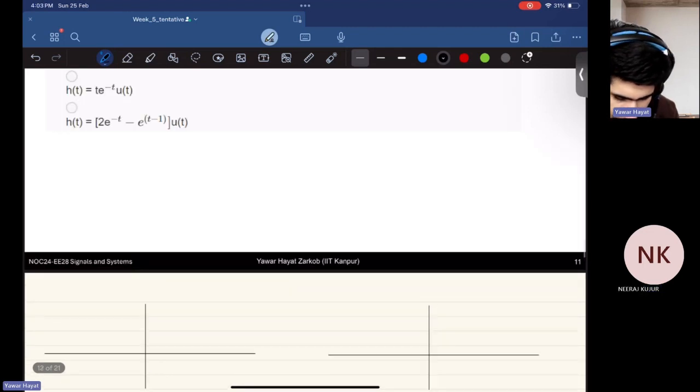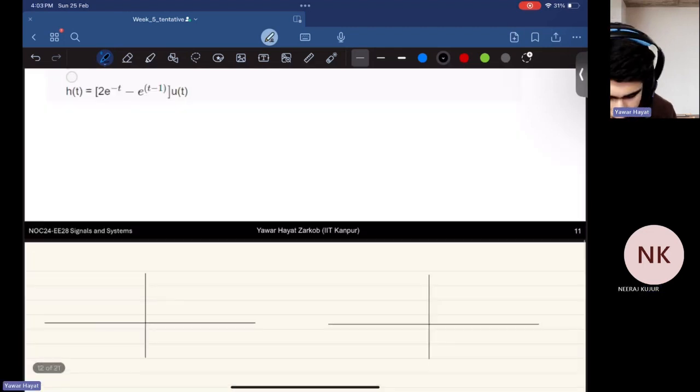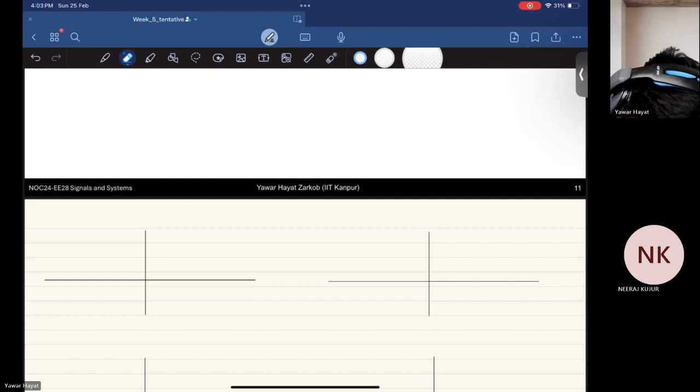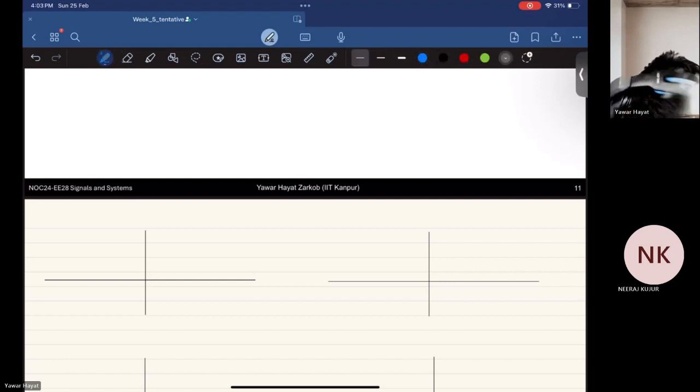This is u of 2 minus t. This is that unit step signal u of 2 minus t. Agreed? No, sir. Sir, this signal will be shifted towards the left, 2 units.